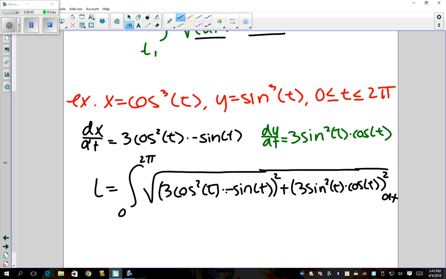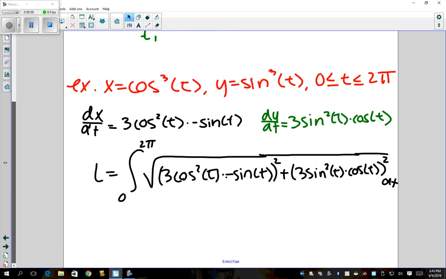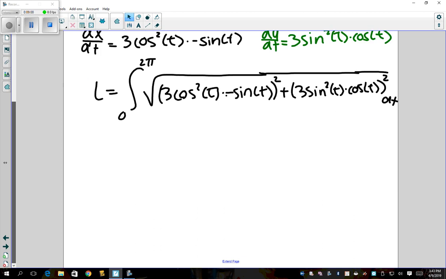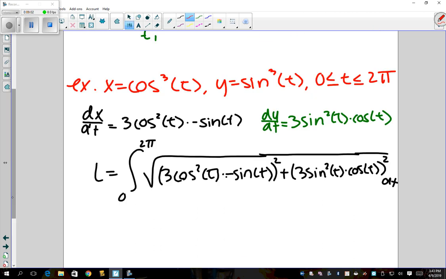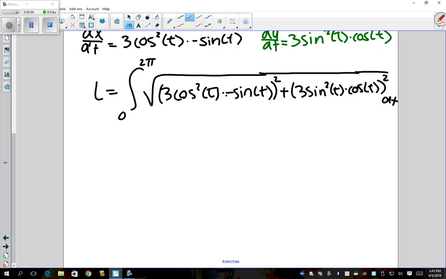And so I'm not going to go through all of this and solve. You can try to if you want by yourself, but you should end up taking the integral of the square root of 9 cosine squared t sine squared t.